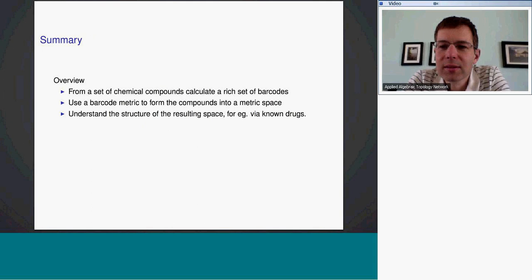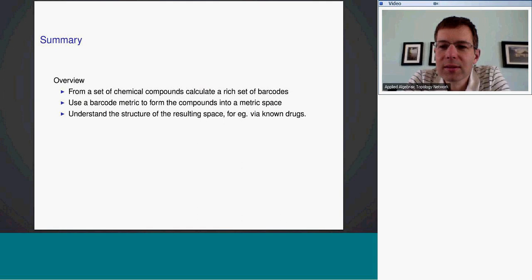Okay, so that's basically the idea here. From a set of chemical compounds, we calculate a rich set of barcodes. We have a metric on barcodes. I'm actually using Wasserstein in most cases to form a metric space. We want to understand the resulting metric space and localization within that space to understand what the collection of barcodes are.